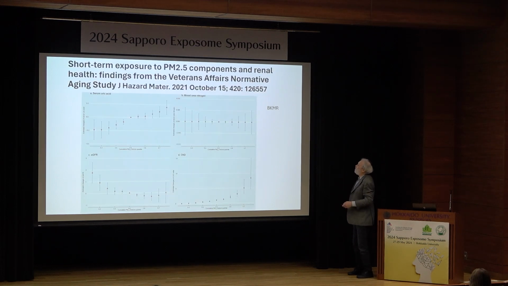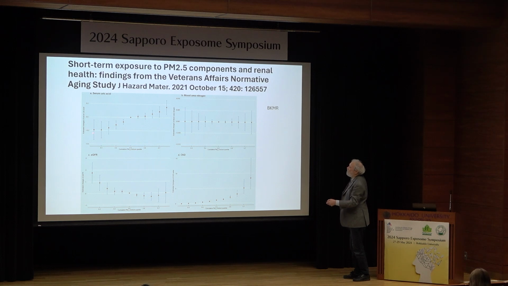So here's what happens when we do it. This is a study from the Normative Aging Study, which is an aging cohort who were about 75 years old when these measurements were taken, and they live in the New England area. And what you're seeing here is the overall effect by quantile of the mixture.